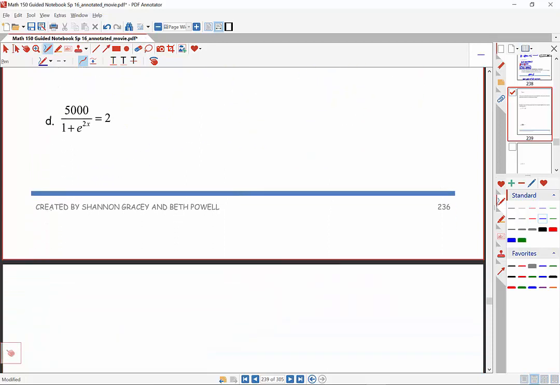Okay, so next up we've got 5,000 over the quantity 1 plus e to the 2x is equal to 2. If we clear out those fractions, we'd end up with 2 times 1 plus e to the 2x is equal to 5,000.